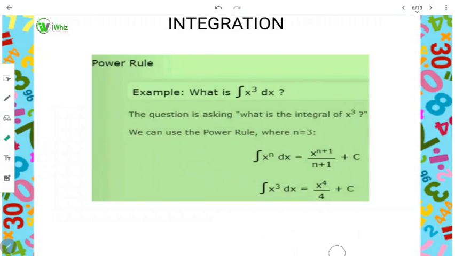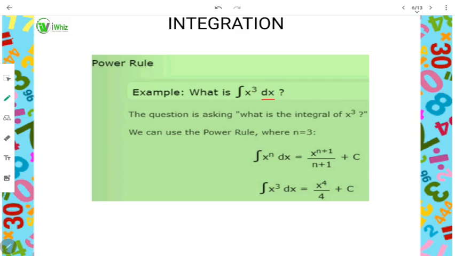So wizards, when we work with integration rules, the first rule that we'll be working with is called the power rule. The example of the power rule states: what is the integral of x cubed, or x to the power 3, dx? Remember, dx speaks in relation to the function.